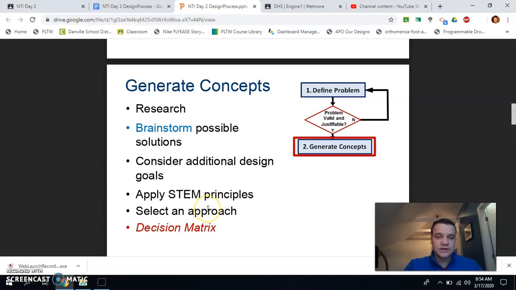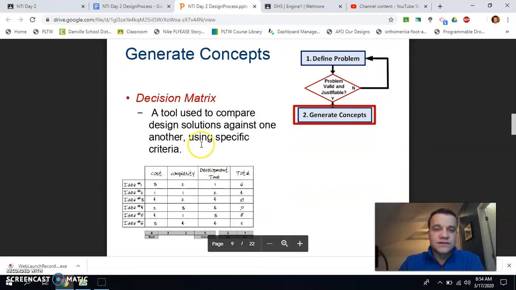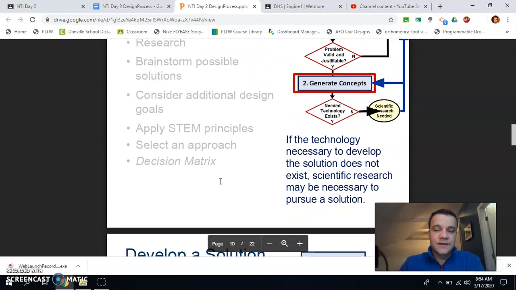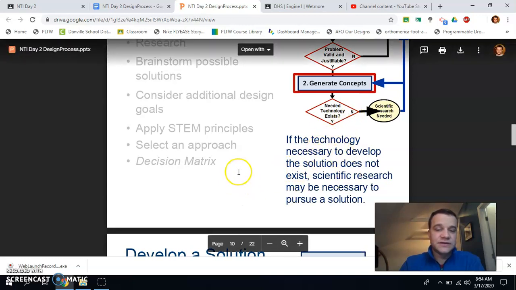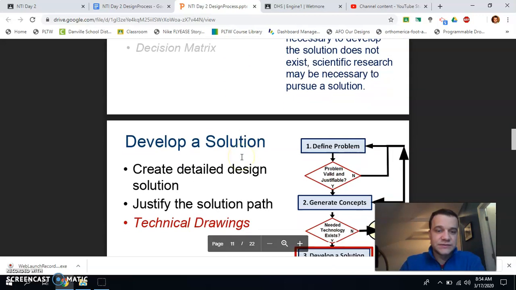Select an approach. Once you have those concepts put together, you've got to figure out how you're going to go through those. You might use a decision matrix, a systematic way to depict one of those concepts. Now, you do have to ask yourself, do we have the necessary technology to develop the solution? That's all part of generating concepts.